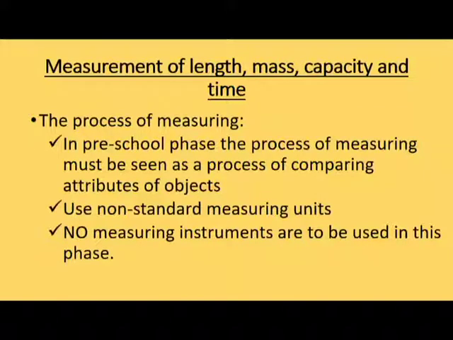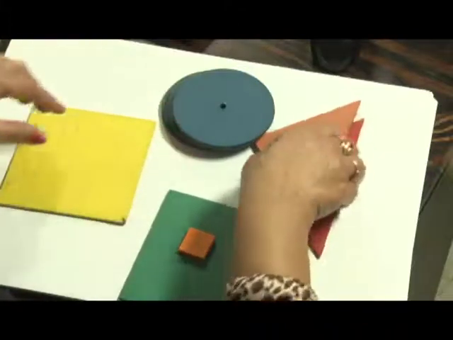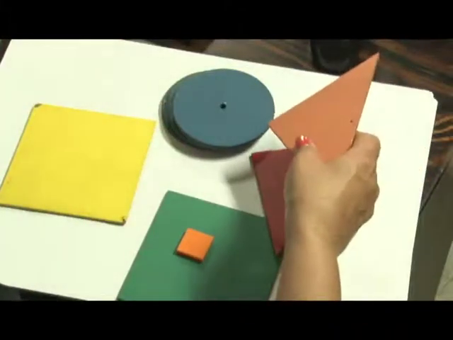The process of measuring, in the preschool phase, must be seen as a process of comparing attributes of objects. Again, comparing. So what am I going to do now? I am going to compare the lengths or the size of objects. Here I have some objects.